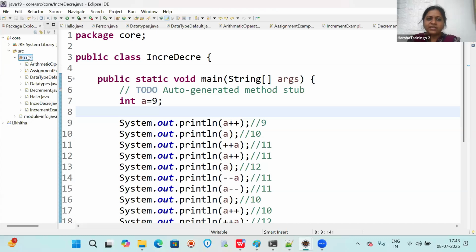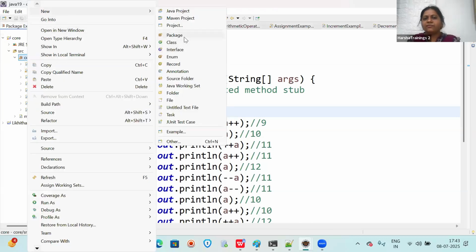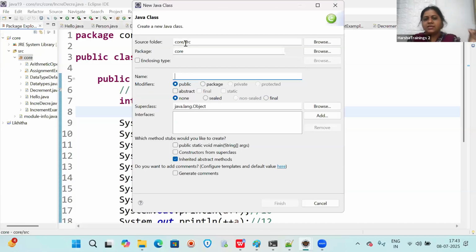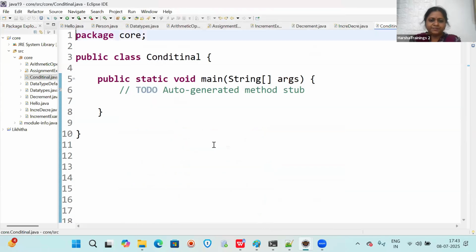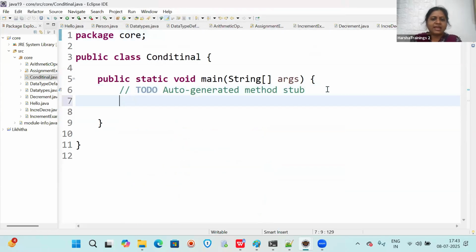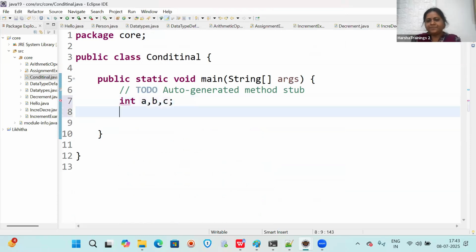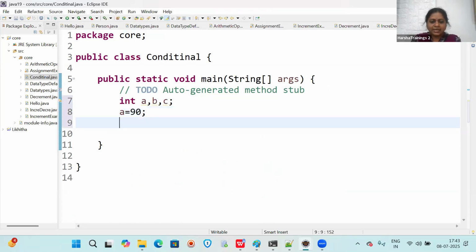Let us right click on this and say new, then class. I am writing the class name as conditional operator example, with the main method. Whatever I have explained, now I am writing the code: int a, b, c. Then a equal to 90 and b equal to 78.